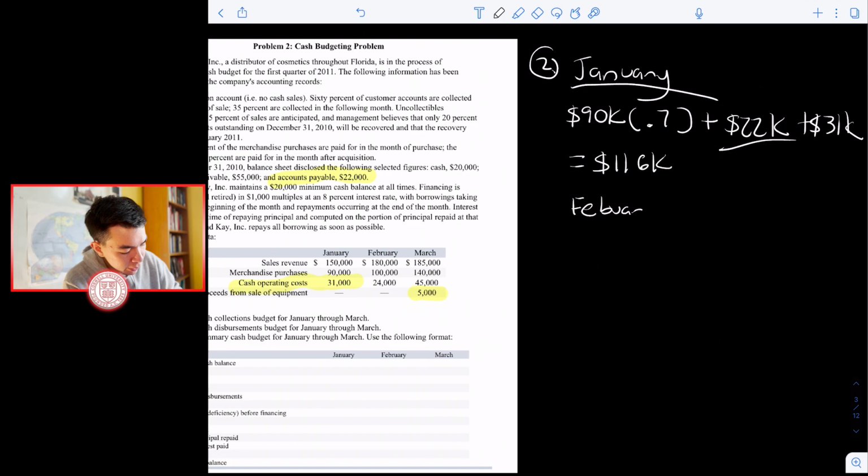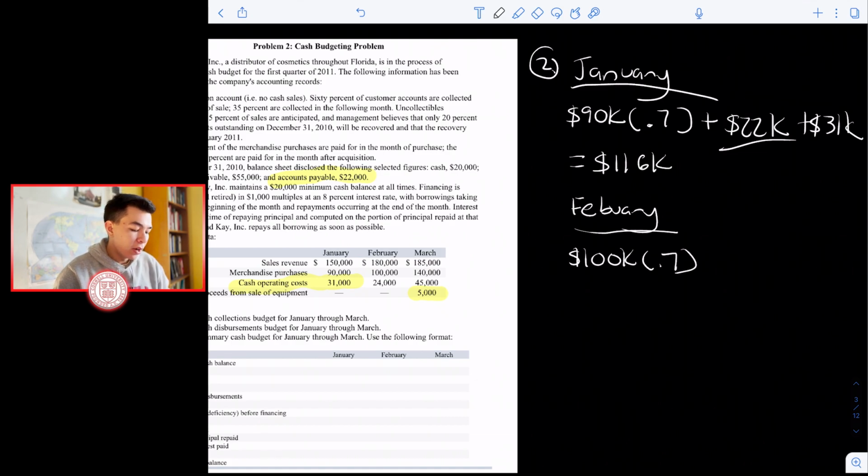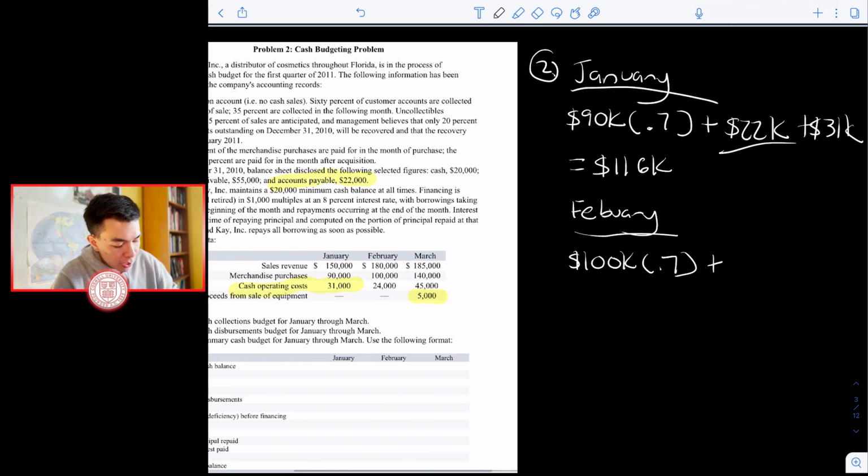So February is gonna be 100K times 0.7. So I'm multiplying how much we spent in February times 70% because we only pay 70% of it immediately. And then I'm gonna add 90,000 times 0.3 because even though this number right here was incurred in January, we don't pay for some of it until February.